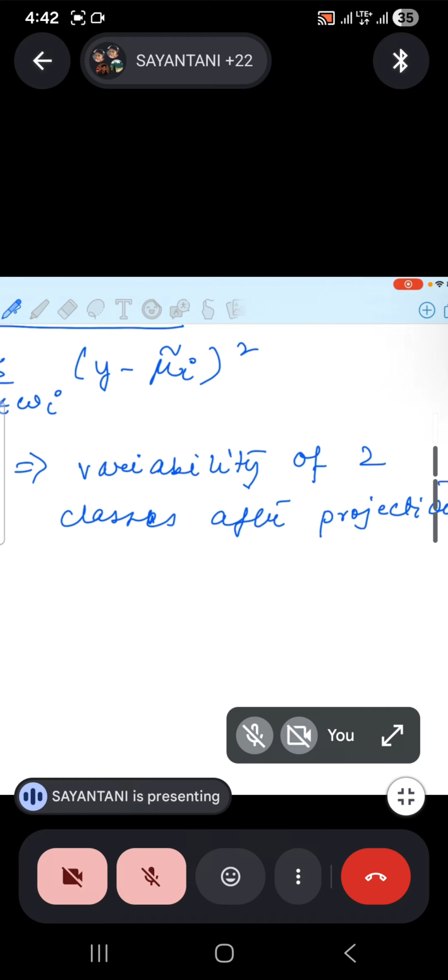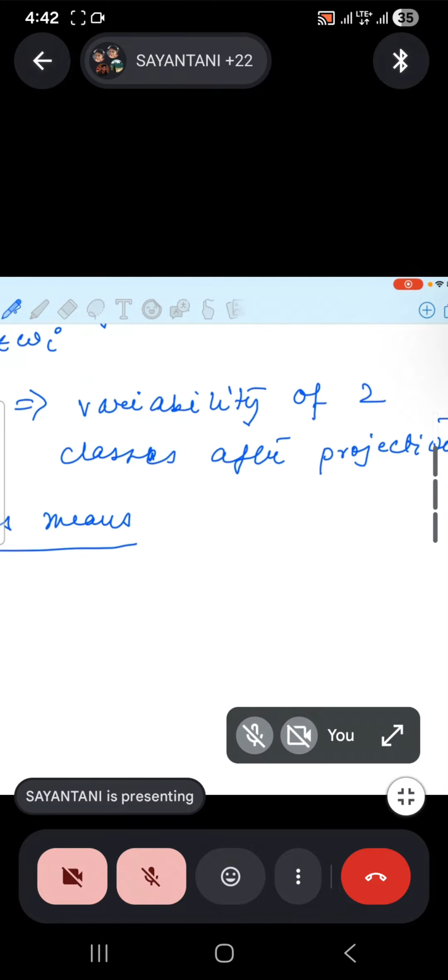Now, if I am considering the across-class means, because that has to be maximized, this will be evaluated for two classes as mu1 tilde minus mu2 tilde.